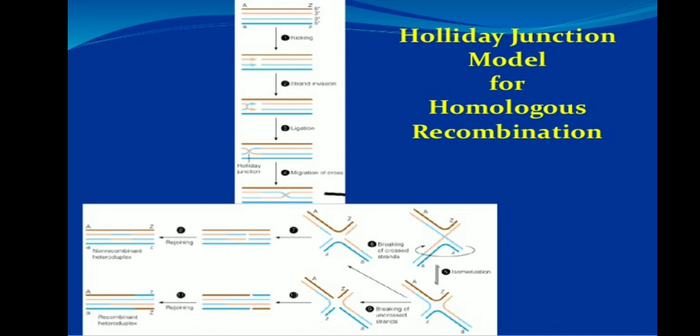As a consequence, it leaves a gap in the parental strands. However, this can be easily repaired, as the daughter strand is intact and can be used as a template for filling the gaps. In this photograph you can see how homologous recombination takes place. This cross-section symbol is generally called a Holliday junction.